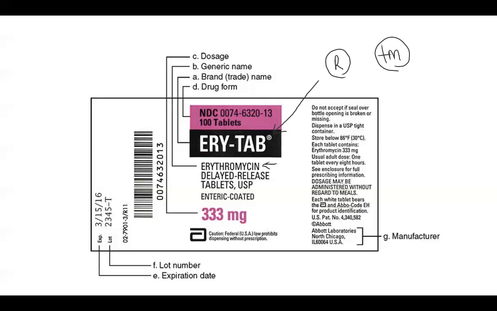Other things that you need to note when you're looking at the labels is you need to be able to find the dosage. In this case, 333 milligrams is your dosage. Sometimes it'll say 333 milligrams per tablet, and sometimes it'll just say, like this one does, 333 milligrams.